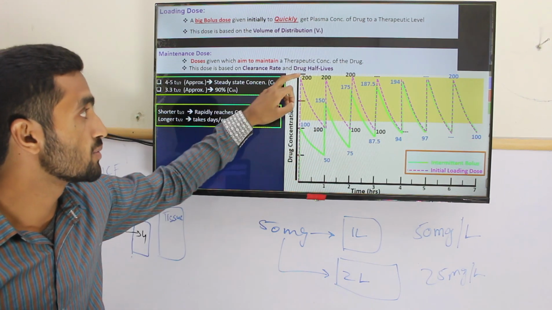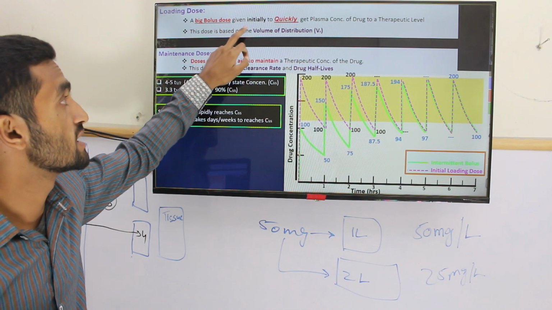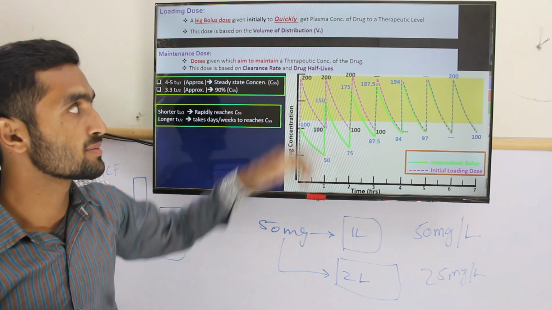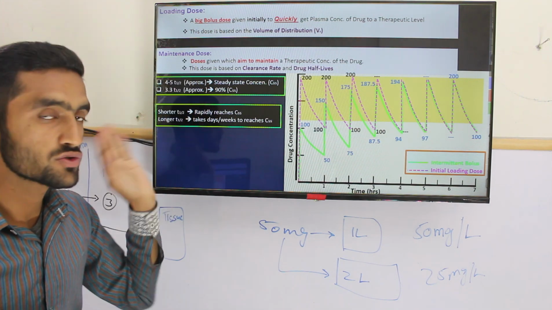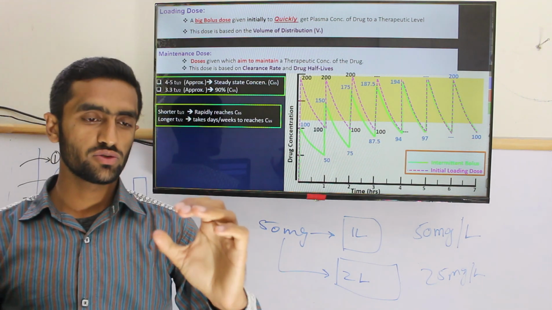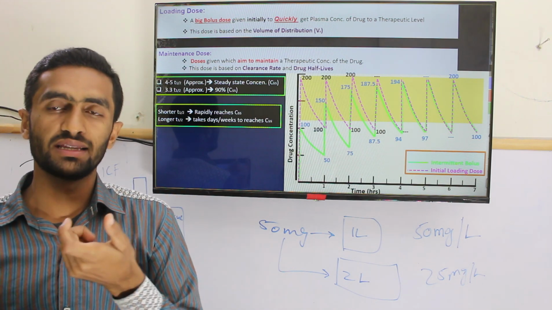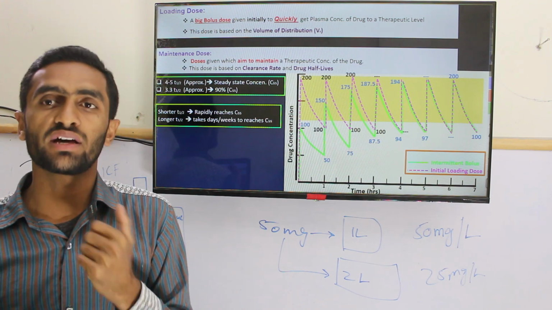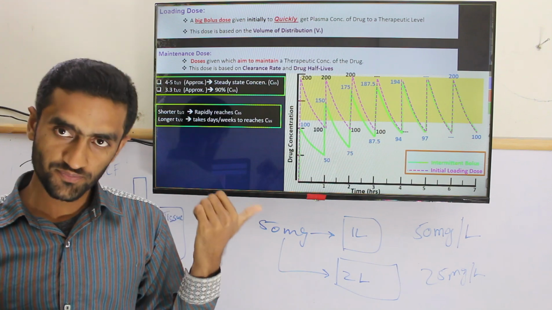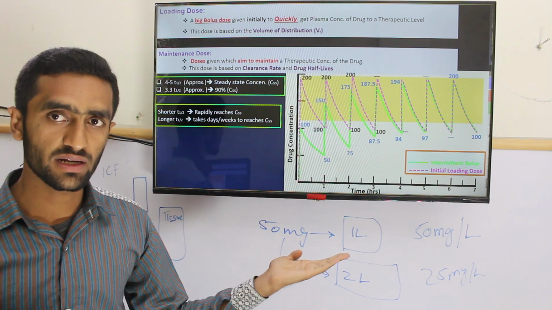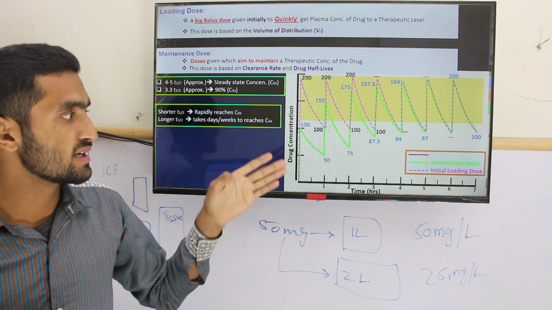So this first big bolus is considered the loading dose. The first big bolus dose is given initially to quickly get the plasma concentration of the drug to the therapeutic level. That is the loading dose. It is totally dependent on the volume of distribution. You just need to know the volume of distribution and the target.